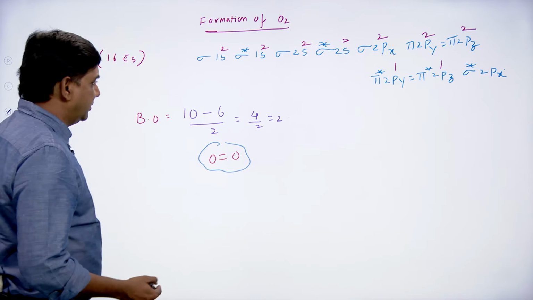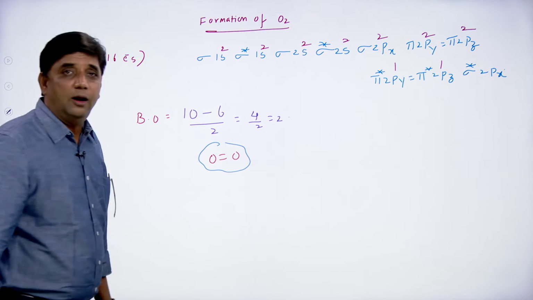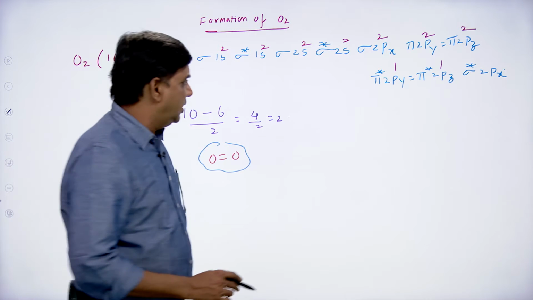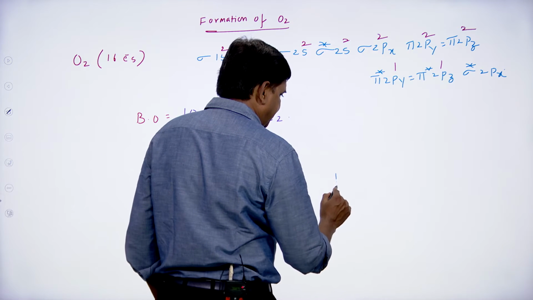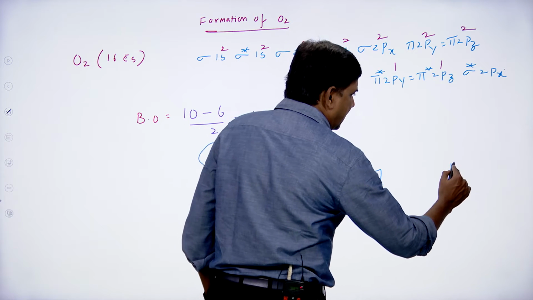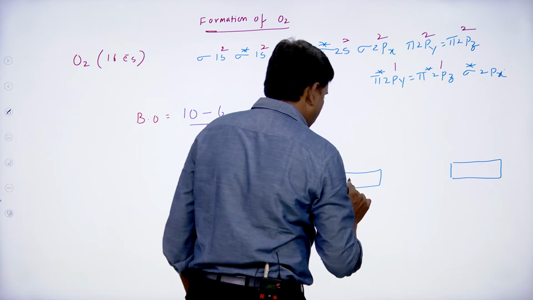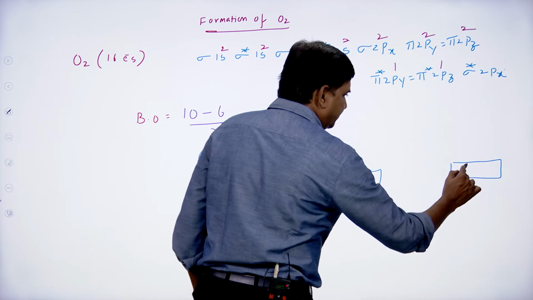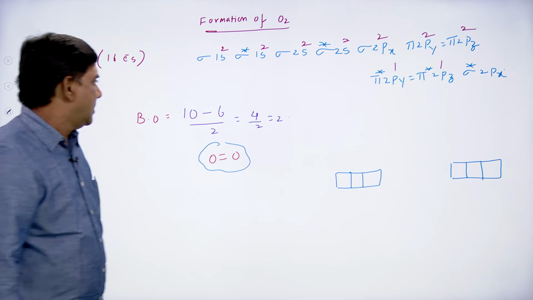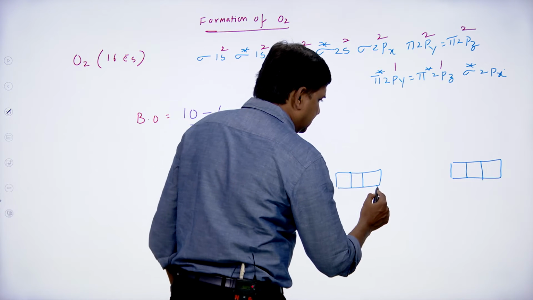And students, if you draw the molecular orbital energy diagram, the 1s and 2s diagrams are the same, only the difference is in 2p. This is the 2p of one atom and this is the 2p of the other atom.